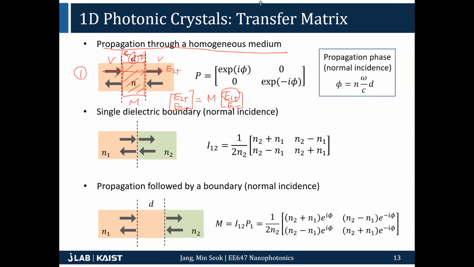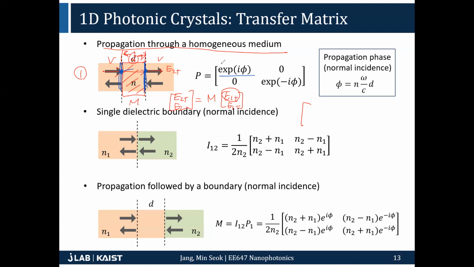So the only difference here is the phase difference. Because E1 plus is the electric field measured at this point, and E2 plus is the electric field measured at that specific position, there is a distance. So there is a phase advance associated with the distance.